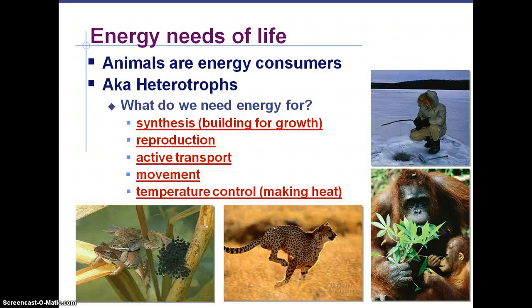And organisms that need or depend on other organisms for their energy are called heterotrophs. We are an example of one of those heterotrophs. We are also known as consumers because we consume other organisms to get energy.